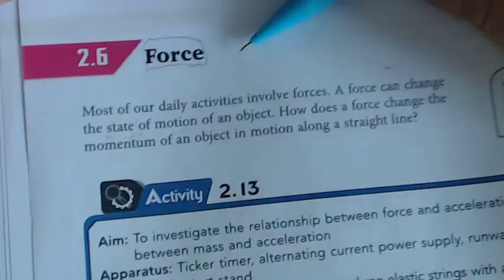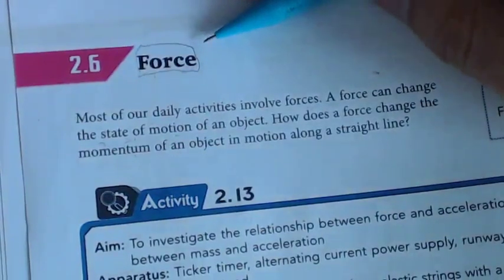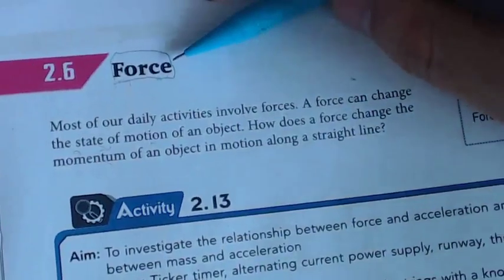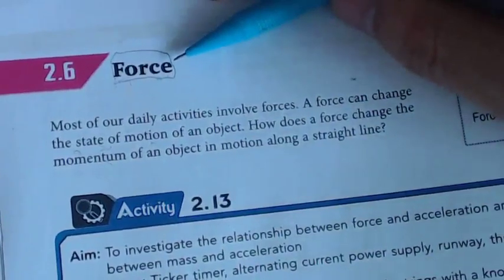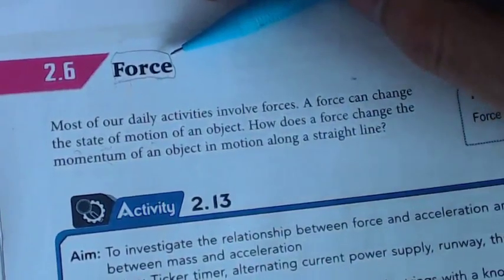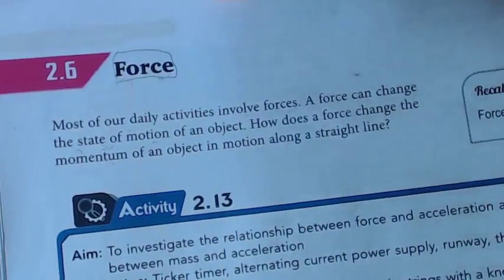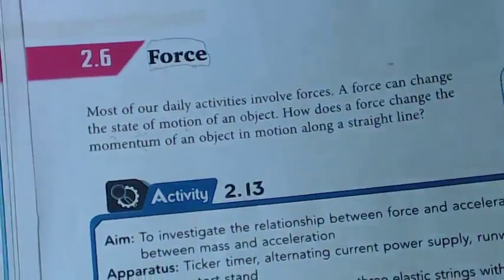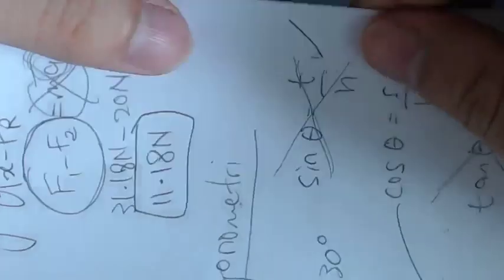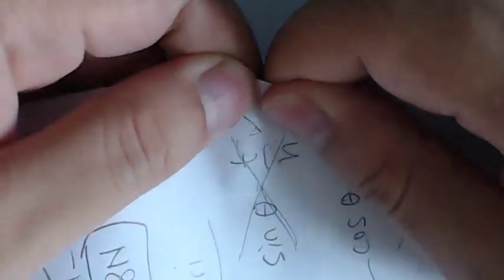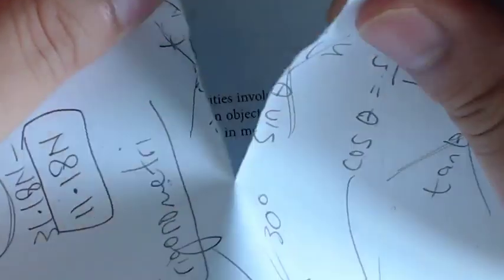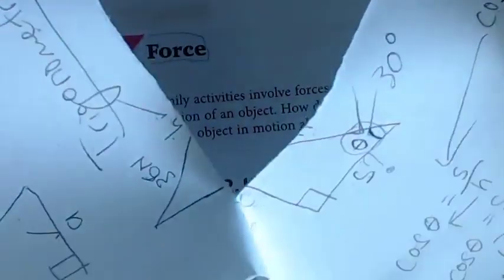So now we come back to learn about force. This time is more detail about force and what this force can do. What can force do? Force can tear a piece of paper. This is what force can do. Correct?